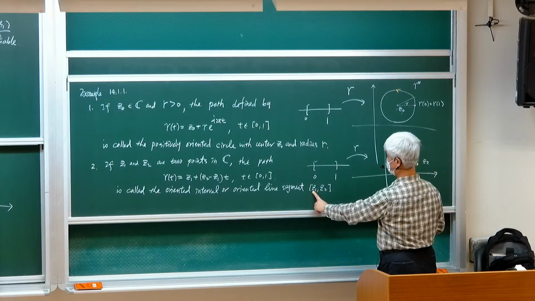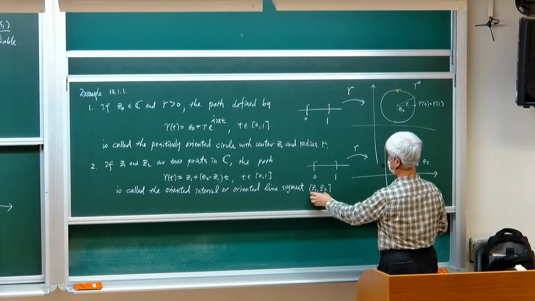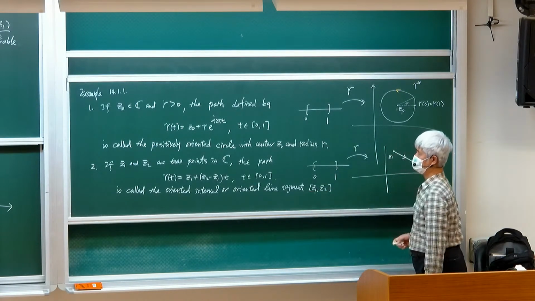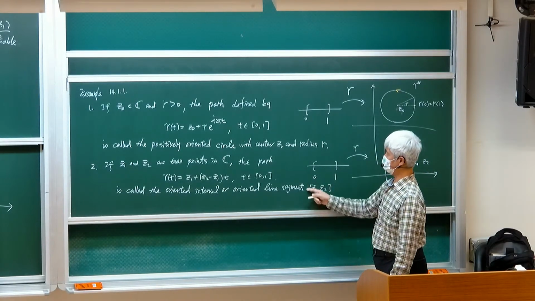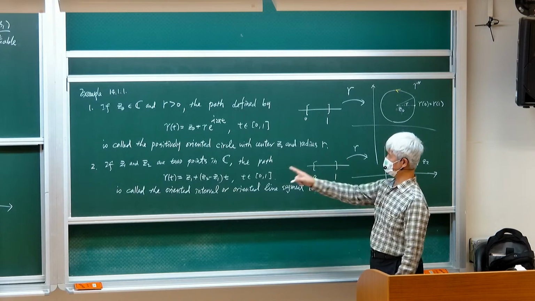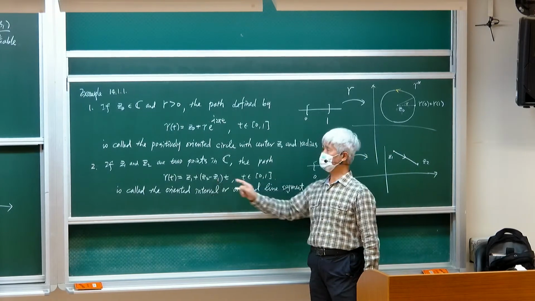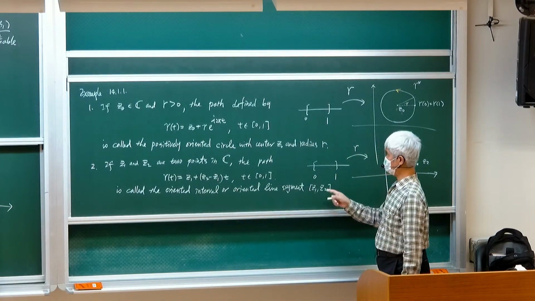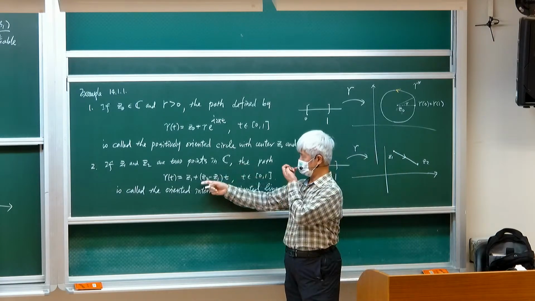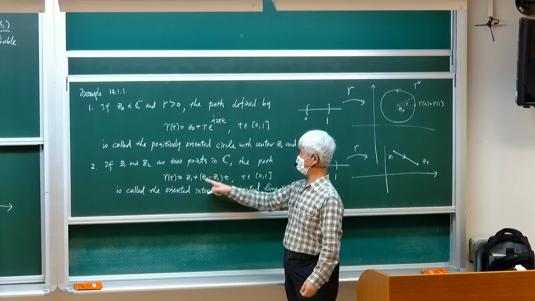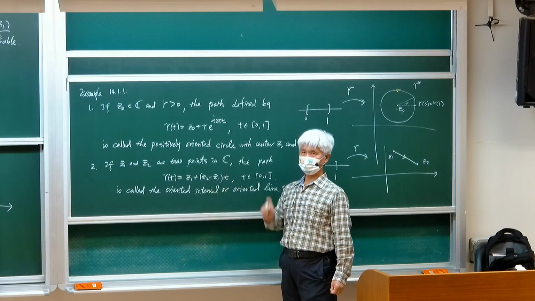So it starts from Z1 and ends at Z2. And we use this as a representation of this mapping. The oriented line segment is actually described by this path.